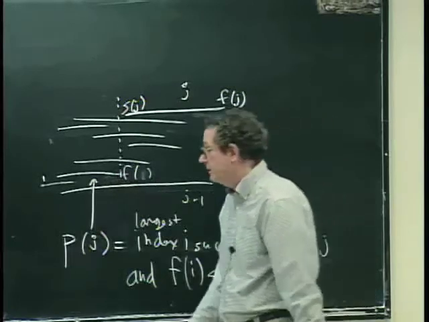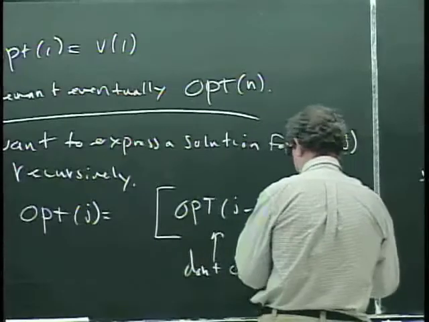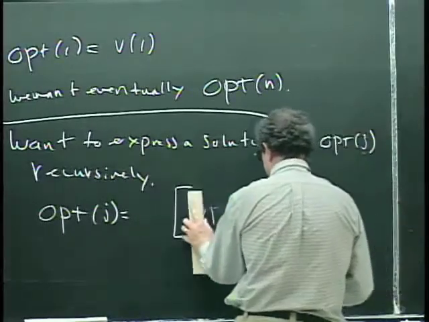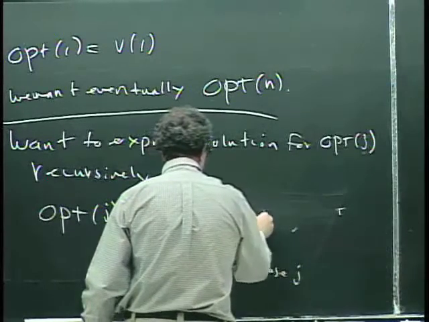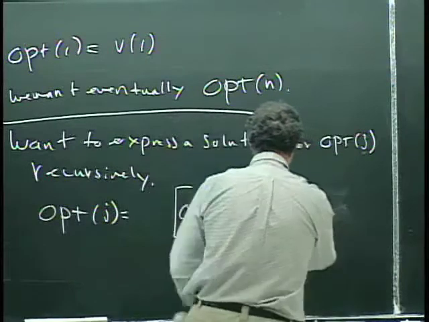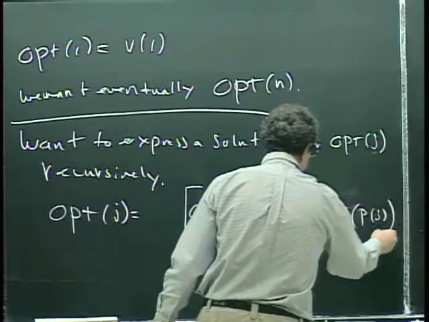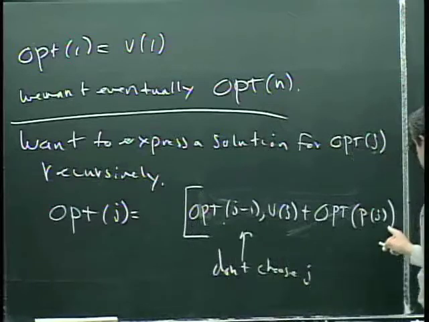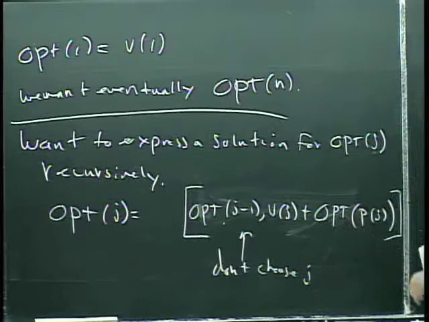In terms of j, yeah. It's p of j. So this is getting cramped in here. I'm going to rewrite this a little more tightly. This is opt j minus 1, and this is vj, the value you would get from taking interval j, plus the best possible value you would get when you consider intervals 1 up through interval pj.